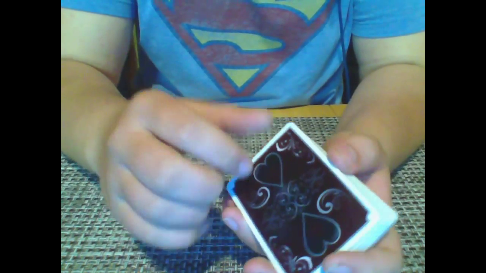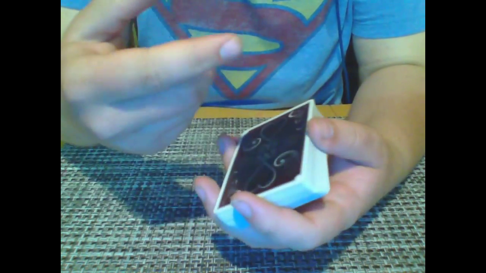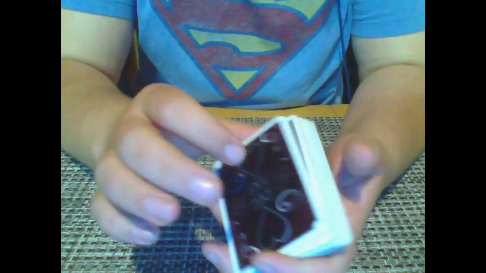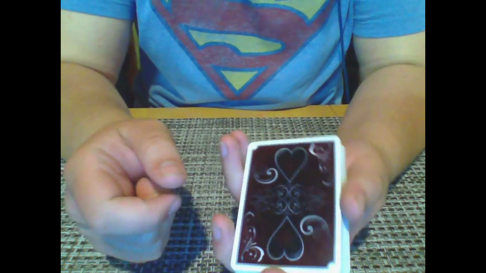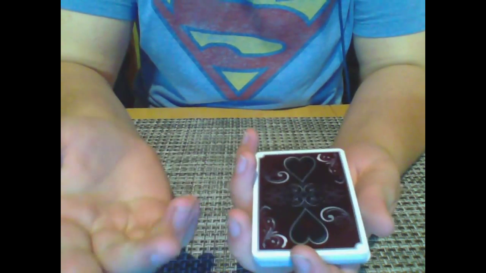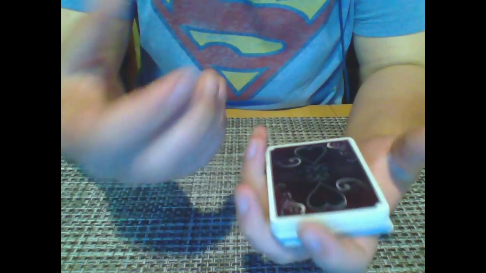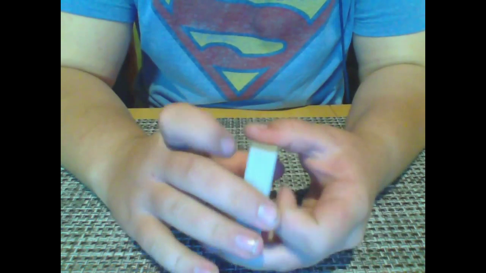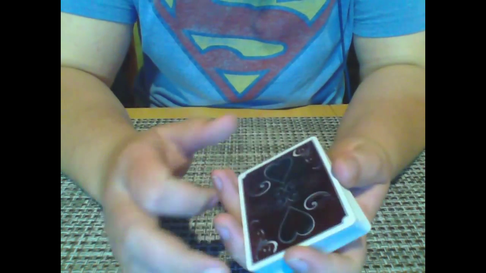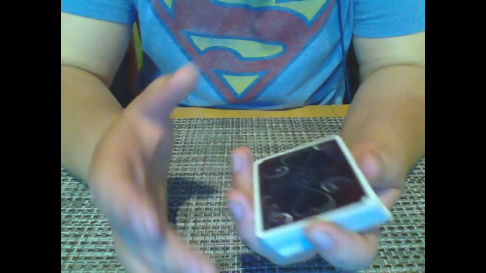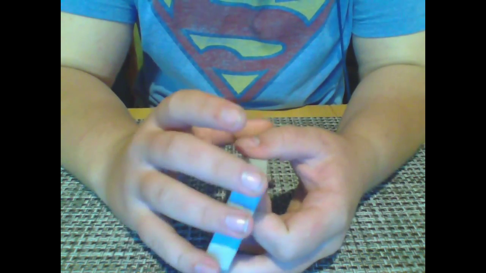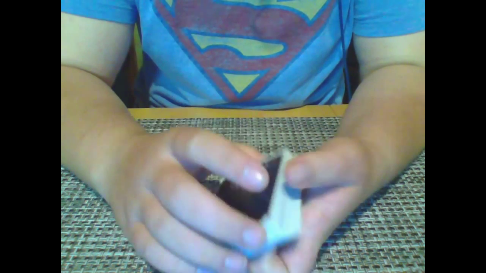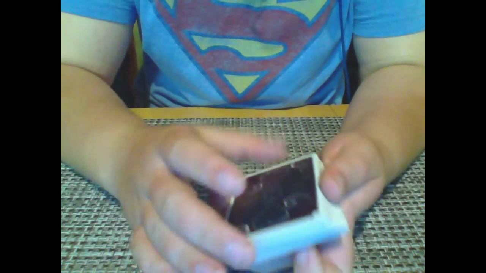Now, into the handling and the materials that were used. MakePlayingCards.com has a very good selection of stock paper and finish to use, and this is, they say, 310 GSM paper stock, so it's quite thick, which makes the cards very durable.